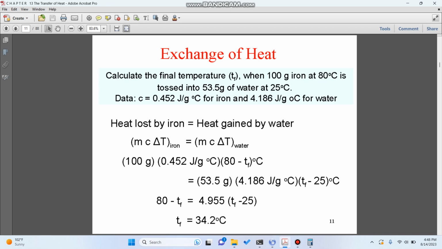TF minus 25. So we will multiply the values now.